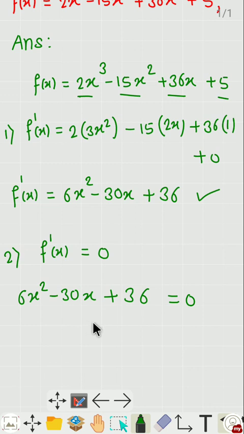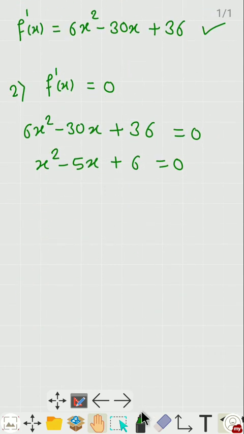So just divide by 6 and we get x square minus 5 times x plus 6 is equal to 0. Okay, and this is a quadratic polynomial on the left hand side, and its two roots are x minus 2, x minus 3. These are the two factors on the left hand side.